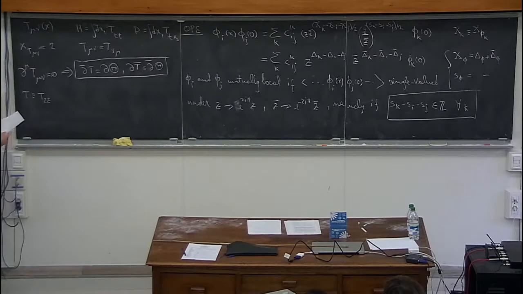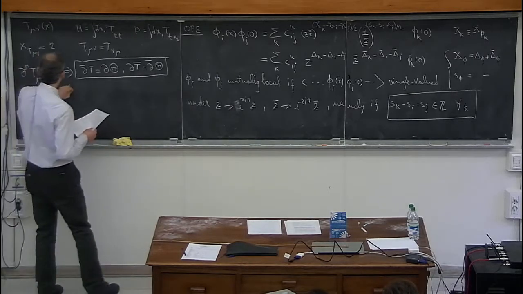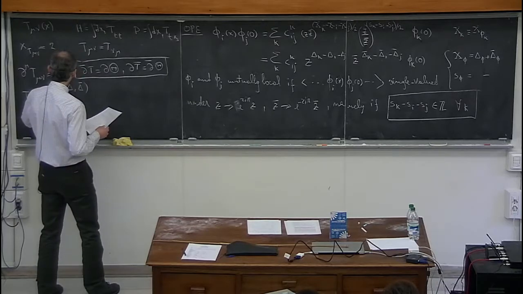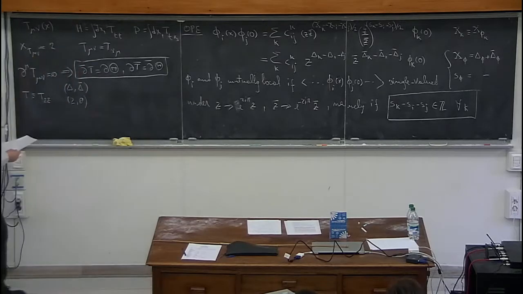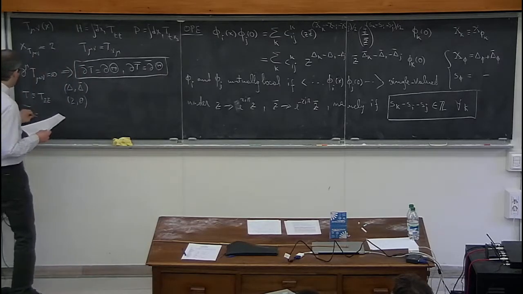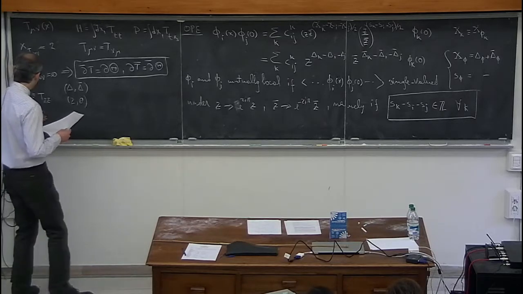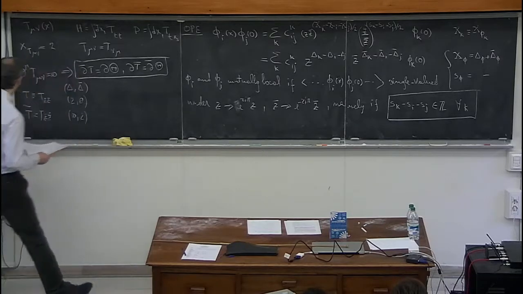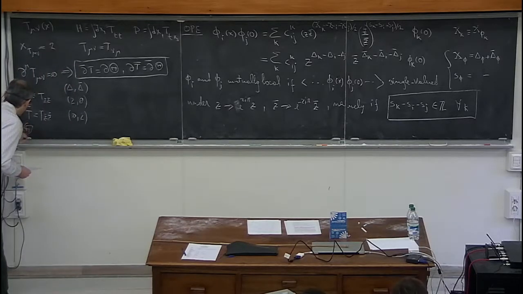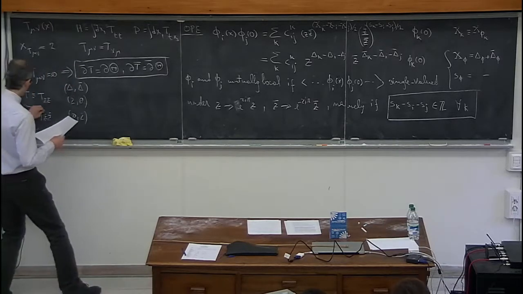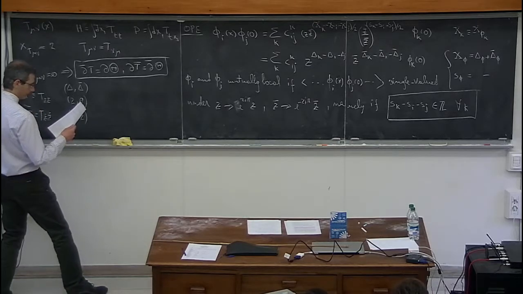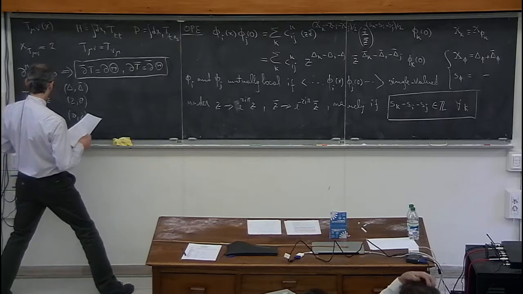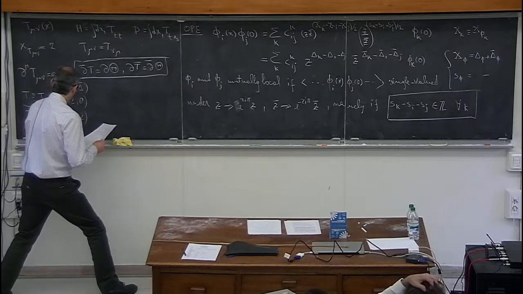T is T_zz, and has dimensions (2, 0). T bar is T_z bar z bar, with dimensions (0, 2). And Theta is, in these notations, minus T_z z bar, with dimensions (1, 1).